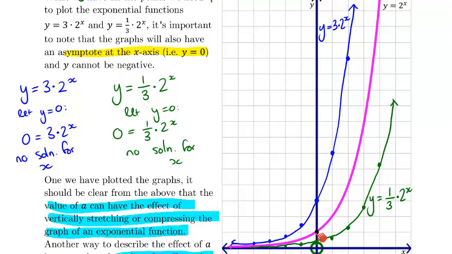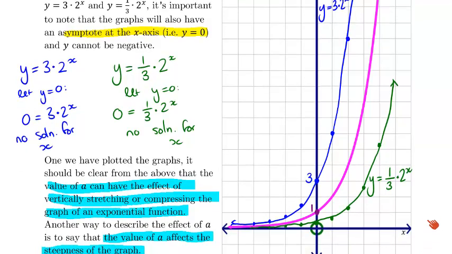On our original classic function, when x was equal to 0, we had the y-intercept at 0, 1. But now, when we changed our a value to 3, our y-intercept became 0, 3. But when we changed our a value to 1 over 3, our y-intercept became 1 over 3.